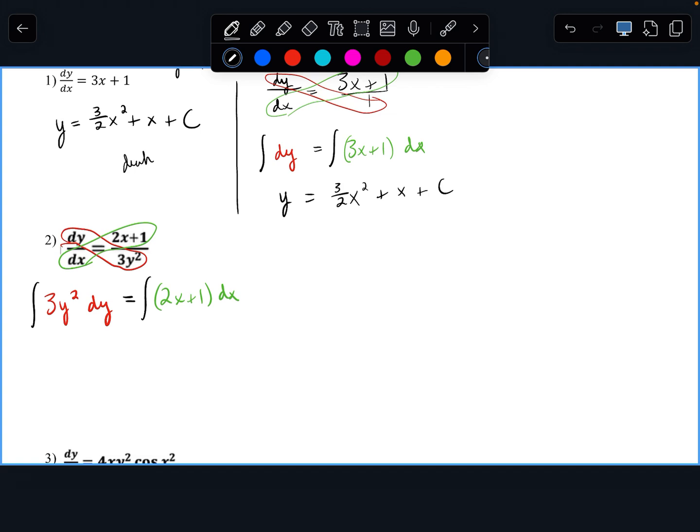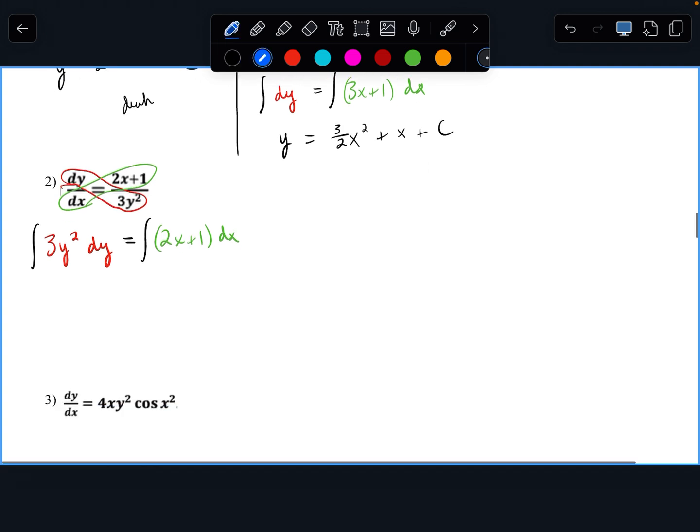Now you're just going to take an antiderivative. You're going to do y cubed equals x squared plus x, and then plus c. Technically there's a plus c on both sides, right? But if you add the plus c here, it's a different c, but you would still subtract it from this c, which still gives you a c.